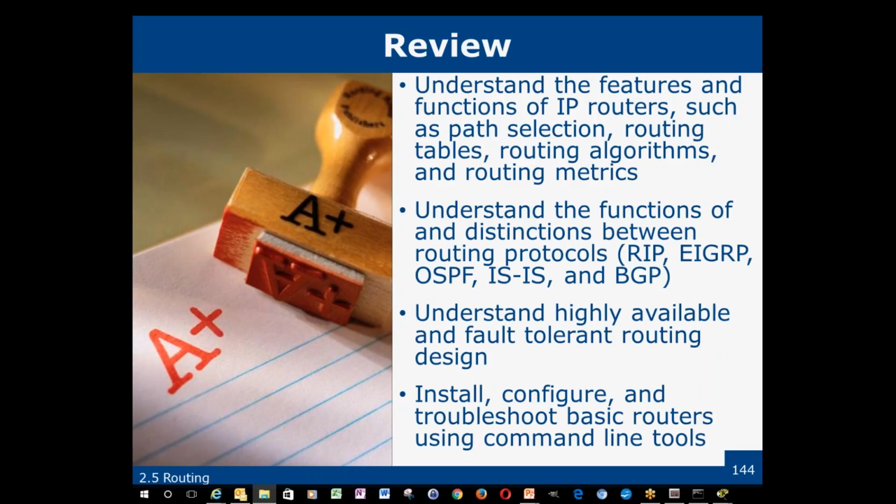What is a looking glass site? Did we talk about that? I didn't do that very well at all. It's a service that allows third parties to inspect the routing infrastructure of an autonomous system to assist in troubleshooting.